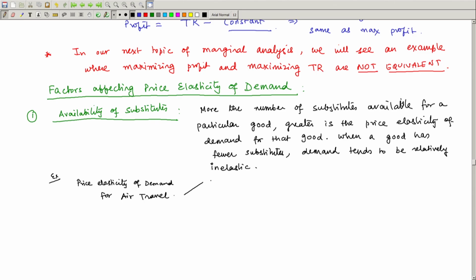One is consumers who are traveling on leisure and consumers who are traveling on, let's say, business. Now, for which of the two groups is demand for air travel going to be elastic, and for which of these two groups is it going to be relatively inelastic?